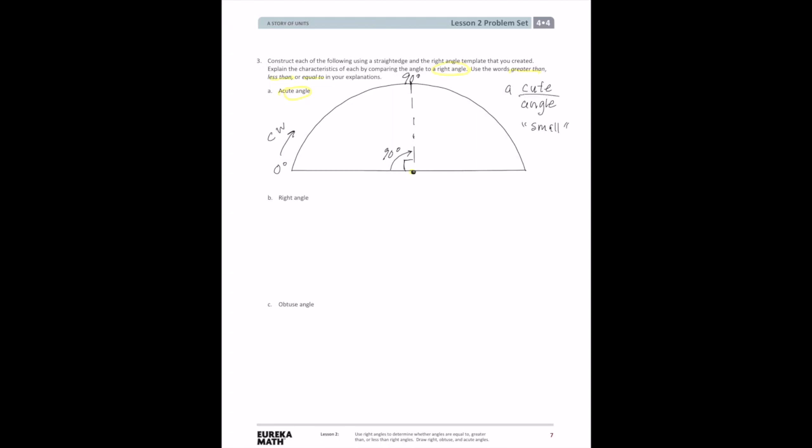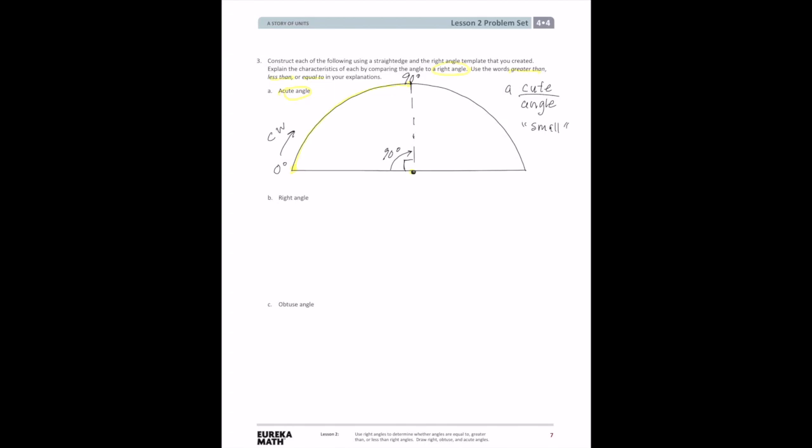In this case, it's just a play on words. So an acute angle could be anything between 0 degrees and less than 90. So any place along this radial line right here is basically up to the point less than 90 degrees.